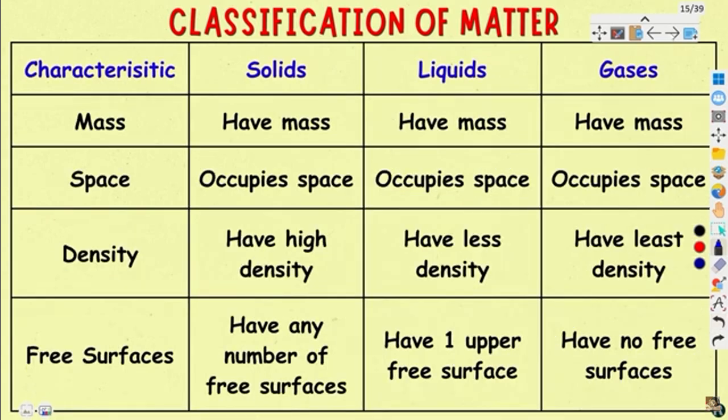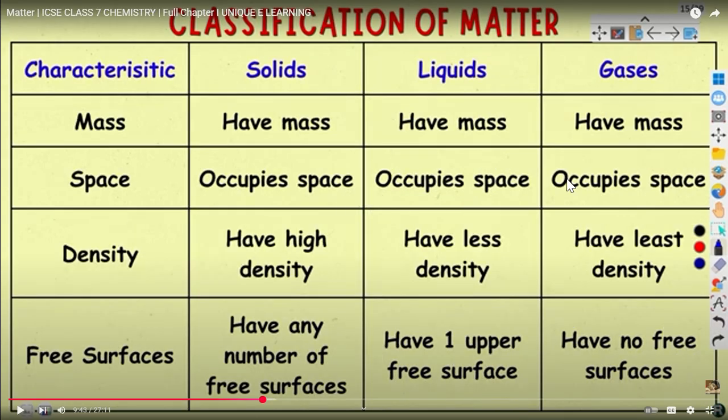I am removing. Now, there is one more classification of matter, which is mass. Solid has mass, liquid has mass, gases also have mass. As we see in our first three experiments, solid occupies space, liquid occupies space, and gas occupies space.